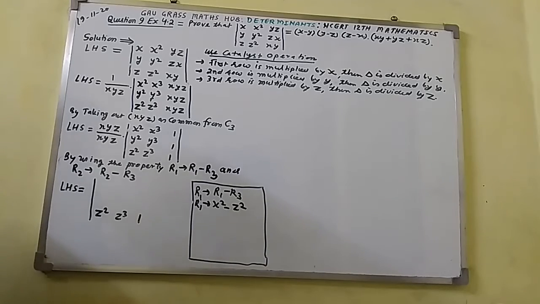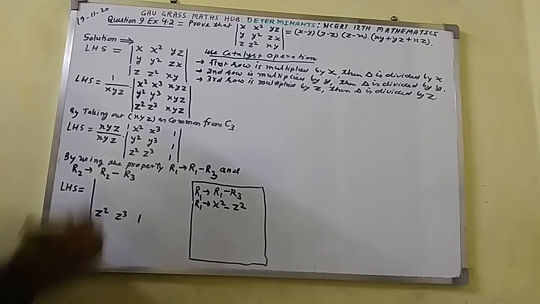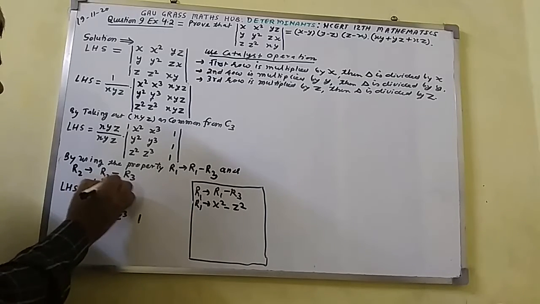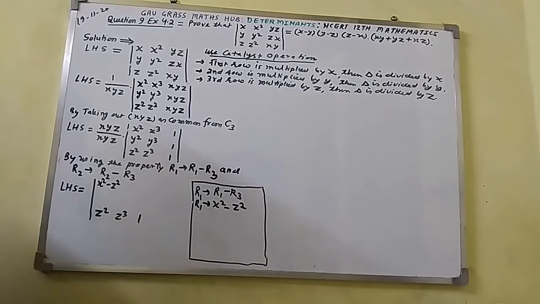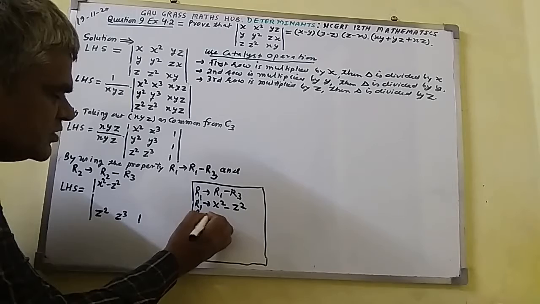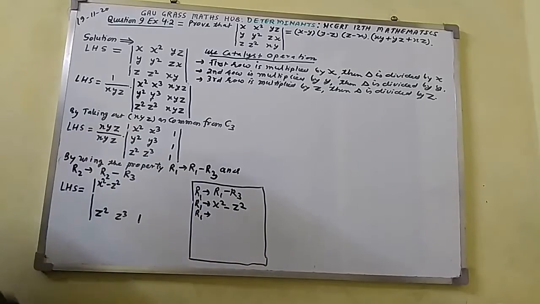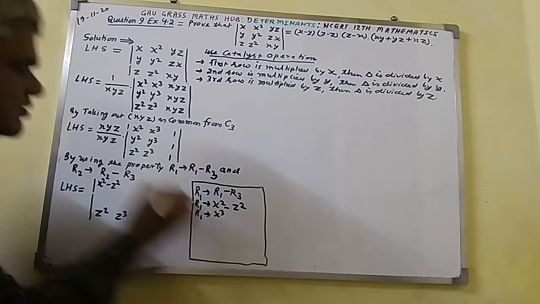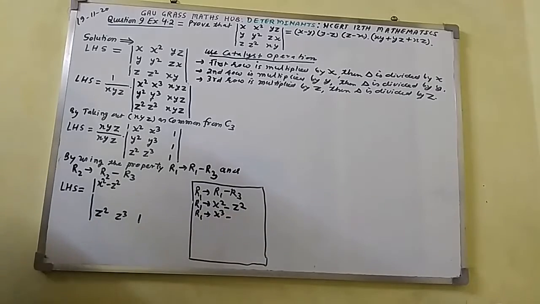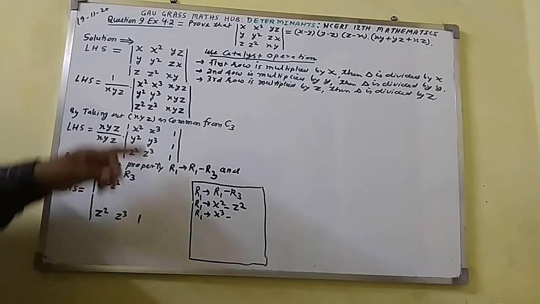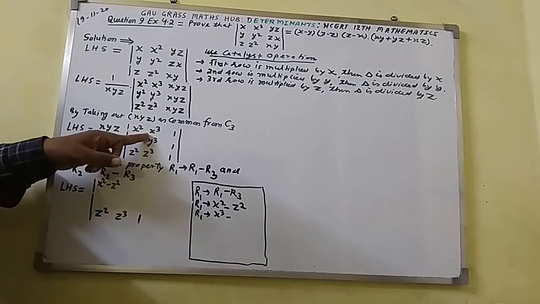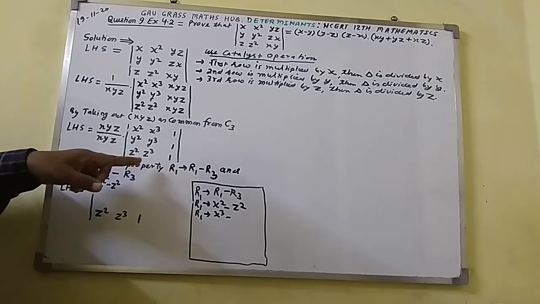So here you will get first element x square minus z square. For this element again R1 goes to, if I take the element of R1 as x cube, so right here x cube, minus is there, right here minus, here R3 is there, the corresponding element of x cube in the third row is z cube.